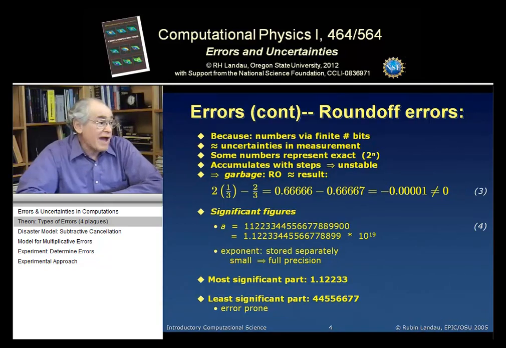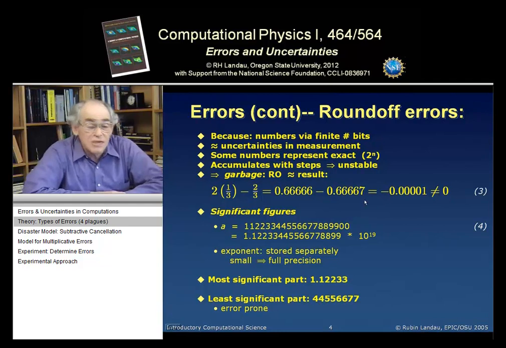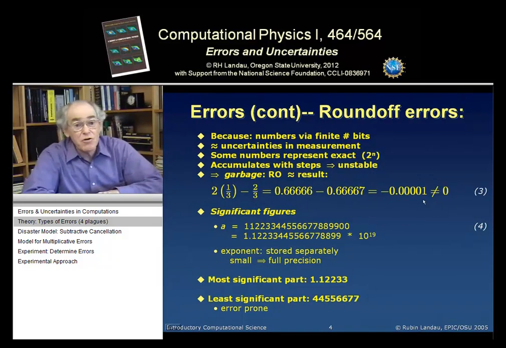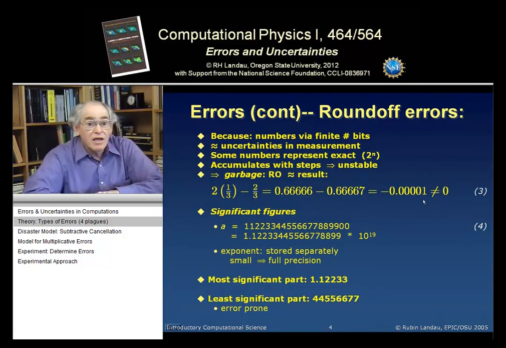So when we subtract 2 times 1/3 minus 2/3, rather than being left with 0, we're left with 0.000001. So while it's not a very big number, it's small, this is just in one step. If you do this step a million times, suddenly you have a number the size of 1. This error can get very big. There's no easy way around this other than being careful, other than understanding your algorithm.